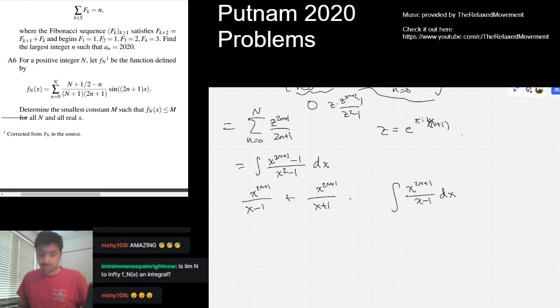Okay, so I guess we're in business. This is now the integral of, if I let y equal x minus 1, y plus 1... so there's some log y term, but then there's a bunch of binomials. But this is still bad, right?